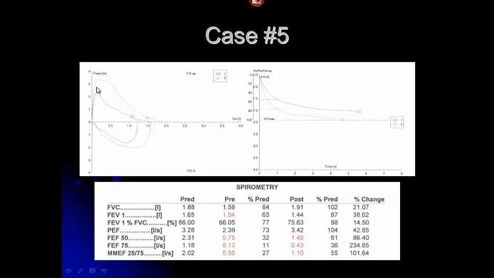And in expiration, you have a prolonged expiration. So you do have a mixed disorder, but very, very mild. So this could be an initial presentation of a patient with a bronchospasm, okay?